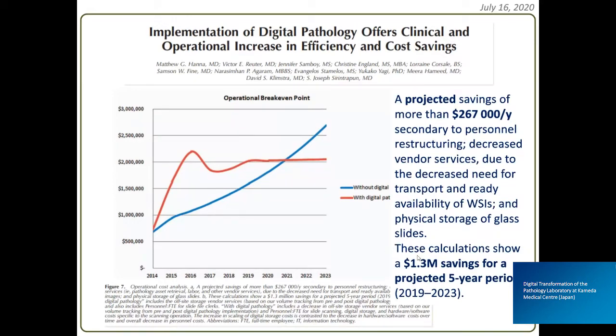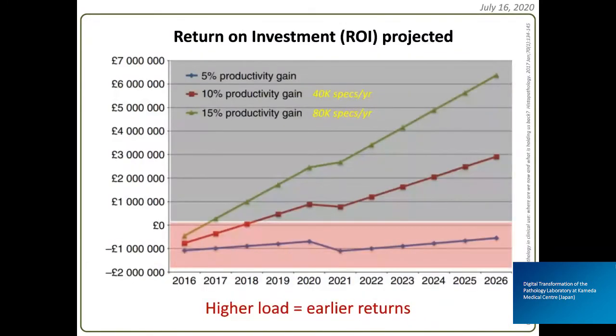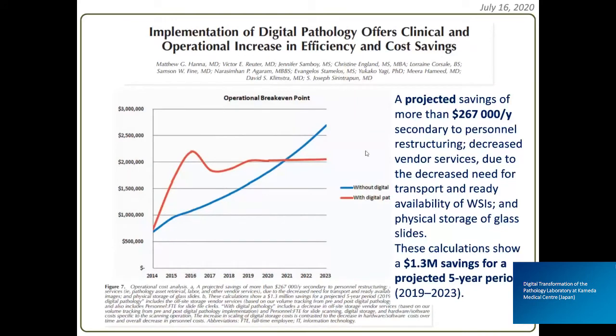Then they projected this calculation to a 5-year period and ended up with almost $1.5 million, once again, in their own settings with their own setup. You know, all these papers use words like projections and estimates, and to be honest, we have no, at the moment, and this is just my opinion, good metrics and robust data about ROI. These data are expected to be produced in the future when we have more experience with digital pathology from different locations.